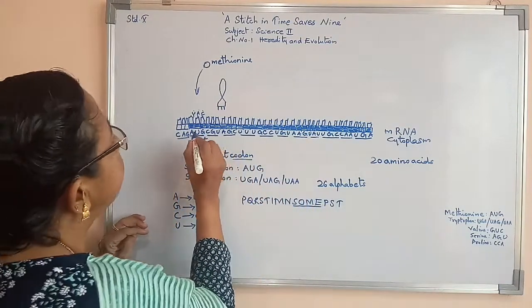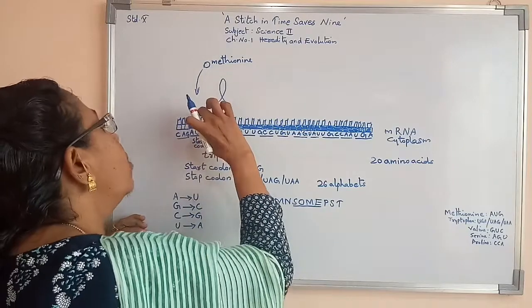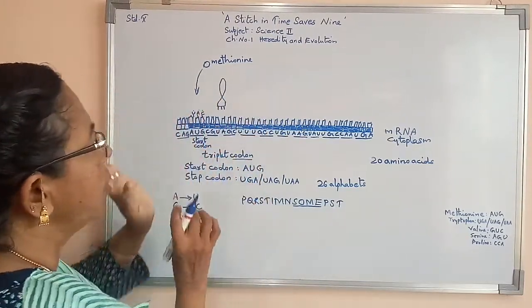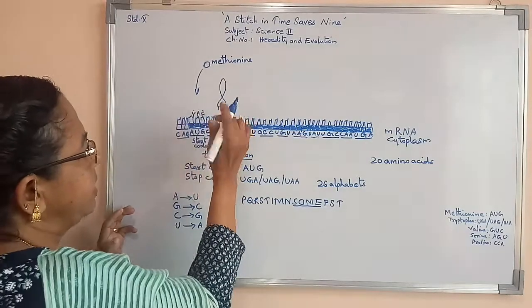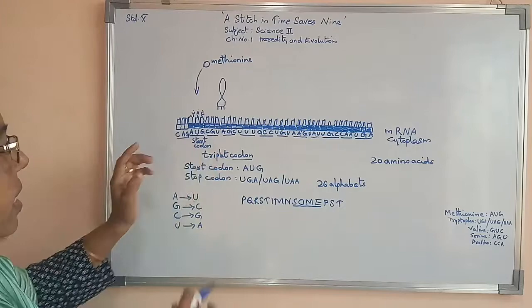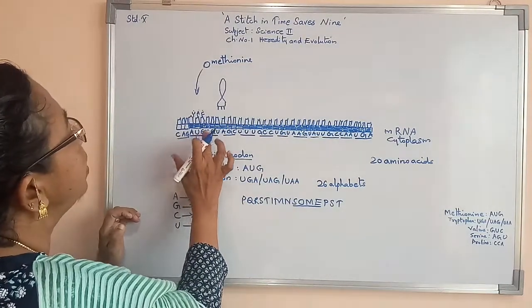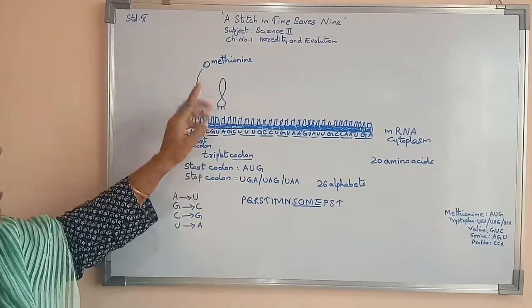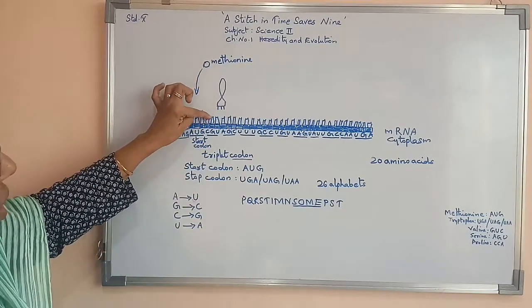Same way, this ribosome keeps on reading and moves. Where it finds a meaningful codon, there its matching anticodon will come and join. Suppose here one AUG is over, now here CGU is there. Its matching anticodon will come and join here.